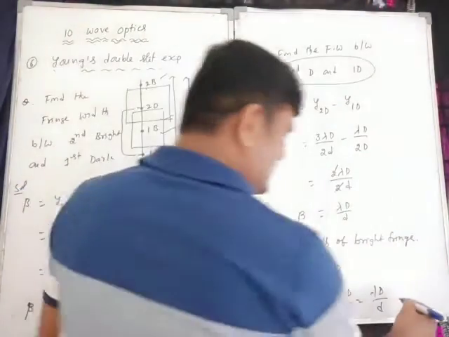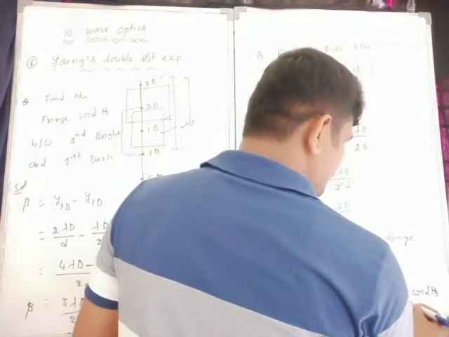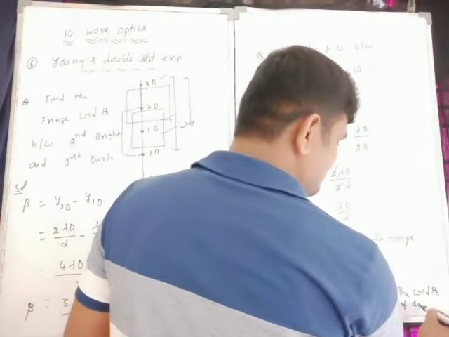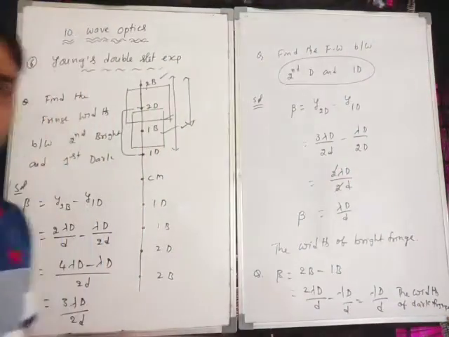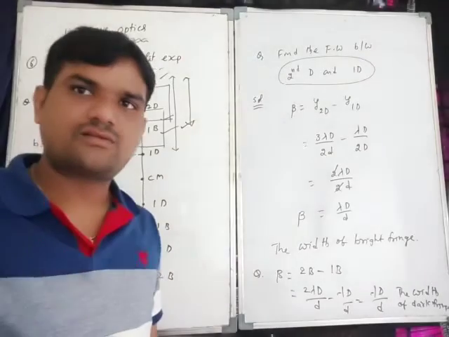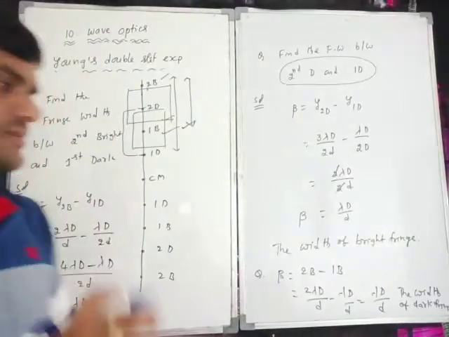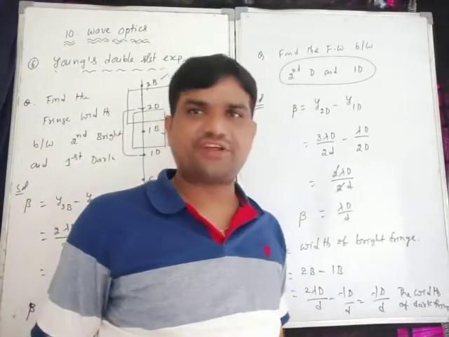That means this is the width of the dark fringe. The width of dark fringe, right?